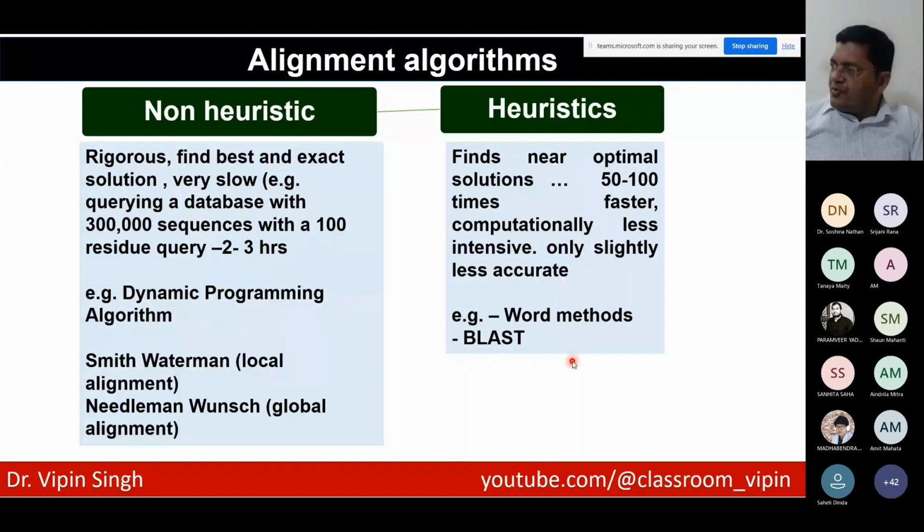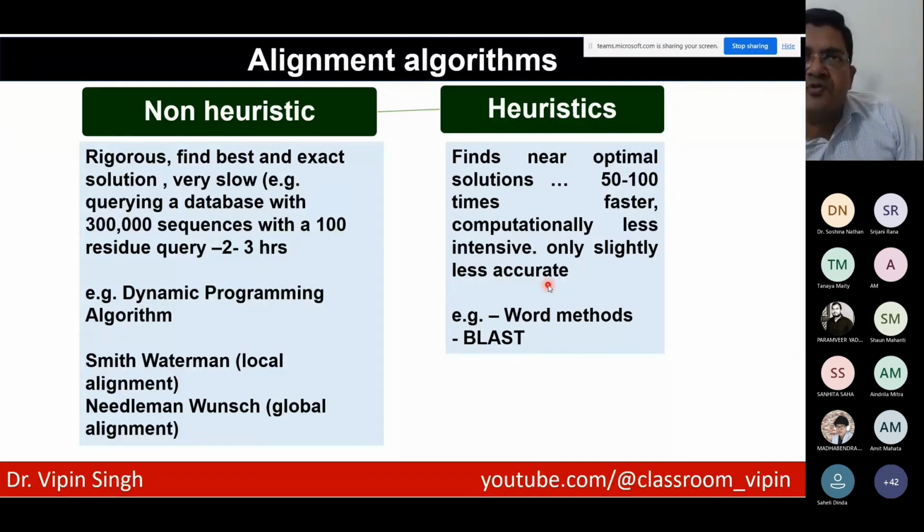It will first see whether the small piece has a good alignment or not. Once the small piece is aligned well on the particular search space, then it will extend it and see whether this can be extended beyond a point or not. So this is an intelligent guess. It may not give you the best solution, but it gives you the near optimal solution. The time that is taken is 50 to 100 times lower.